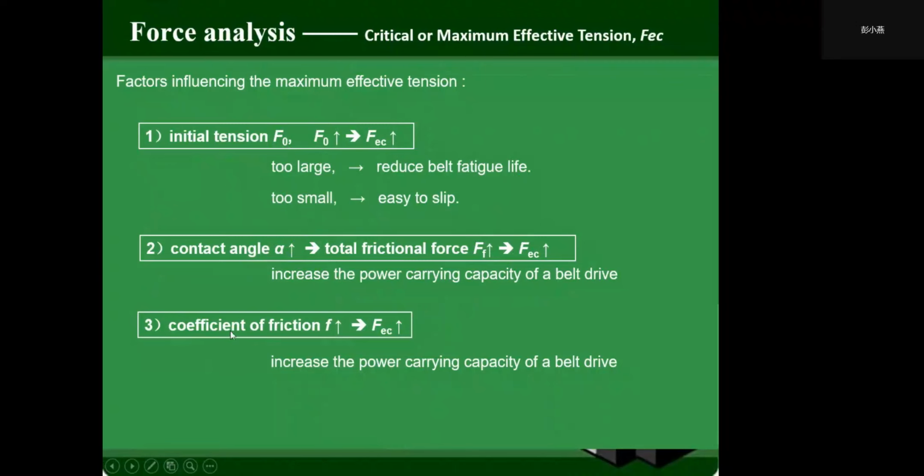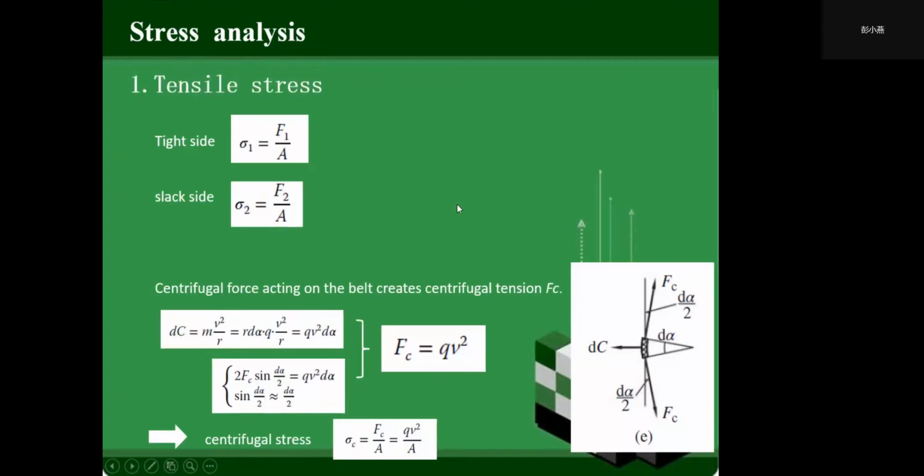Also, if we increase the coefficient of friction f, then the maximum effective tension FEC will increase too. So these are the three factors that influence the maximum effective tension. And then let's do the stress analysis for the belt.